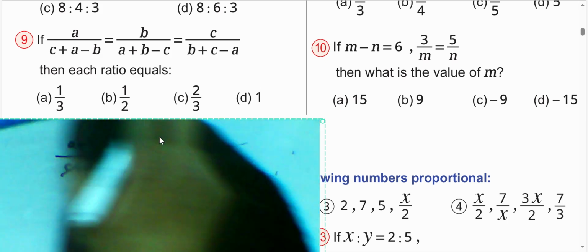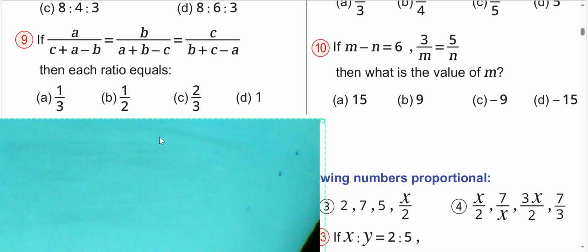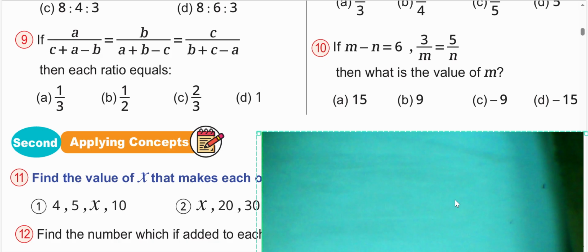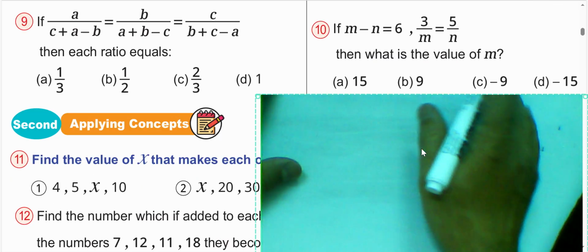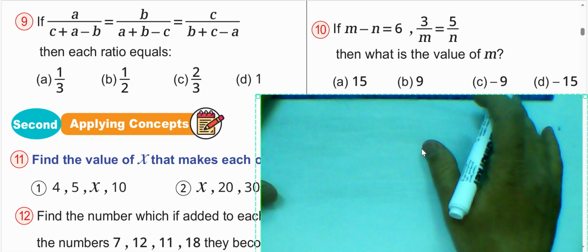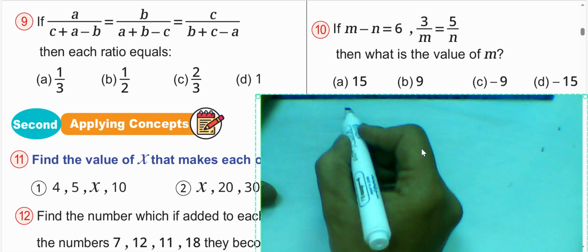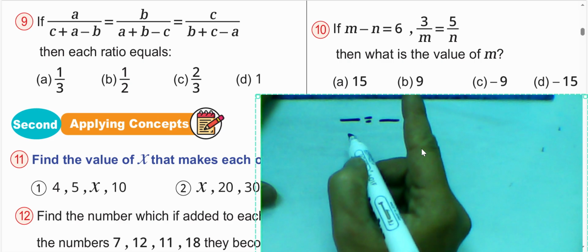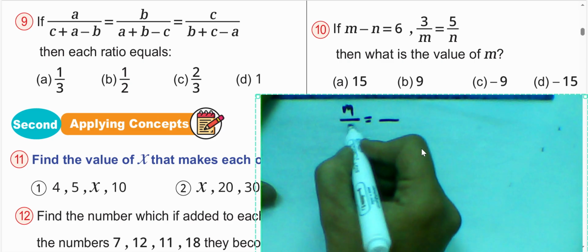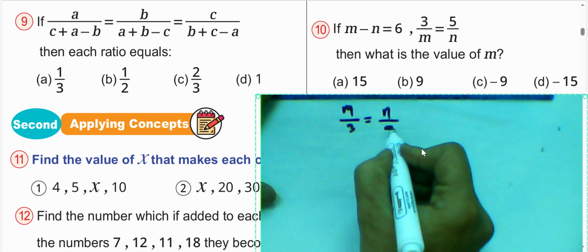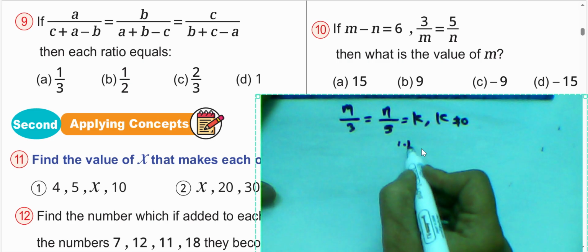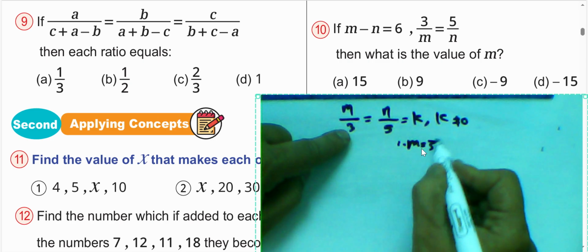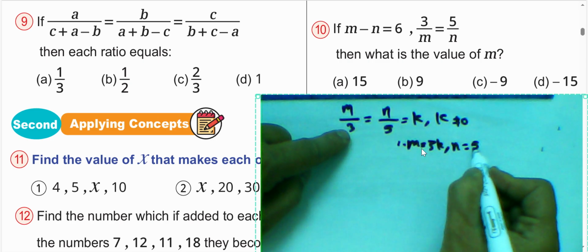Choose letter D here. Next question, number 10. If m minus n equals 6 and 3 over m equals 5 over n, what is the value of m? We have 3 over m equals 5 over n. Taking the reciprocal of this fraction, m over 3 will be equal to n over 5. We can write a constant k, with k not equal to 0. Then the value of m equals 3 times k, and n equals 5 times k.